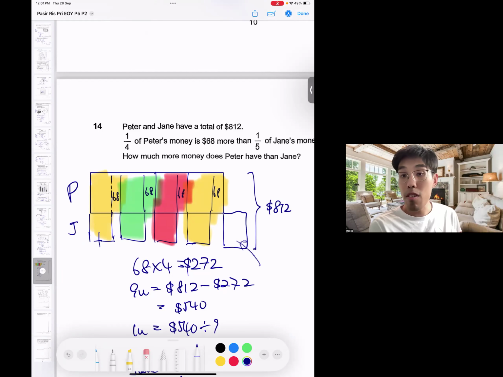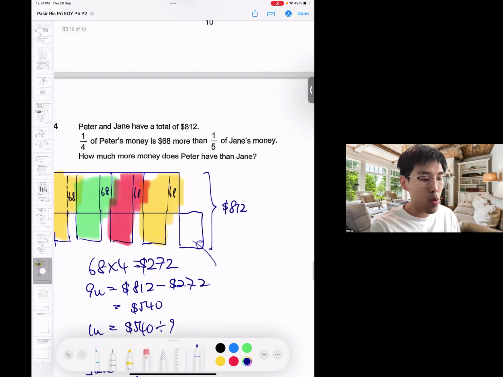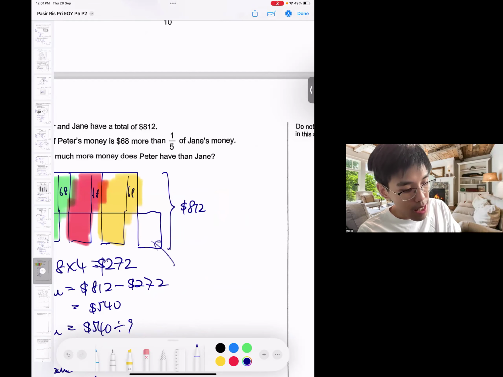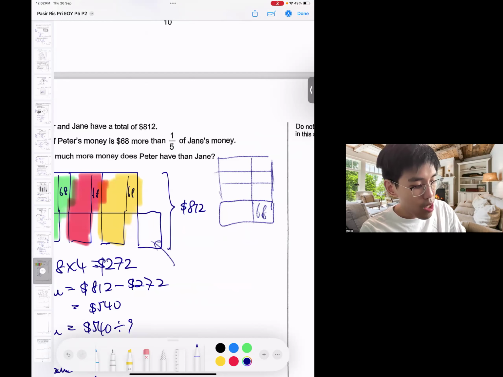Okay. Another way of drawing this model, which I don't really recommend, is to draw vertical models. Just a passing idea. This is 68. And then what Peter has is 4 units. Like that. This bulk is Jane. Then this bulk is Peter. Another one at the bottom is Jane. So Jane is 5 units.